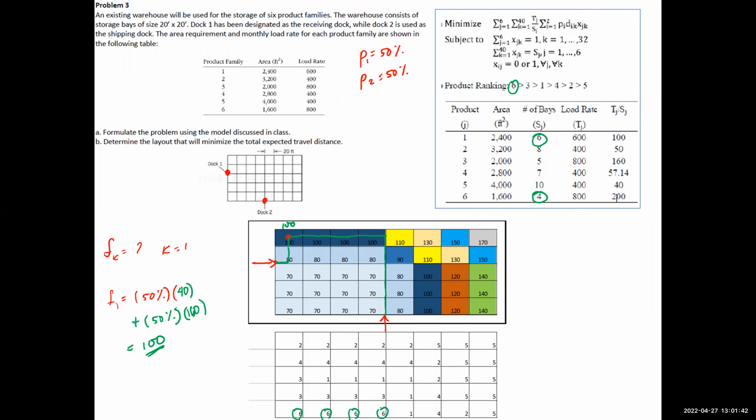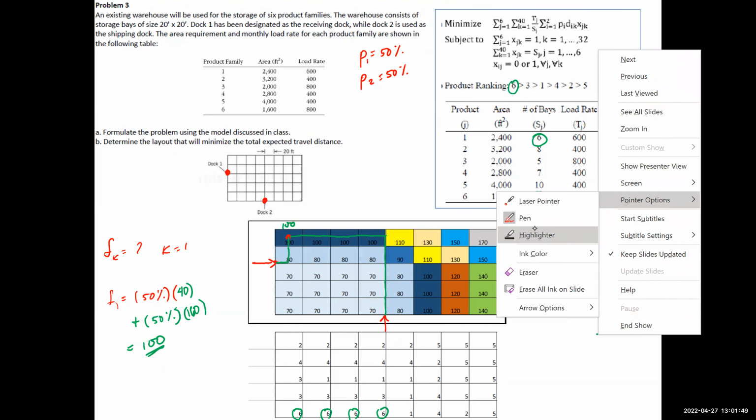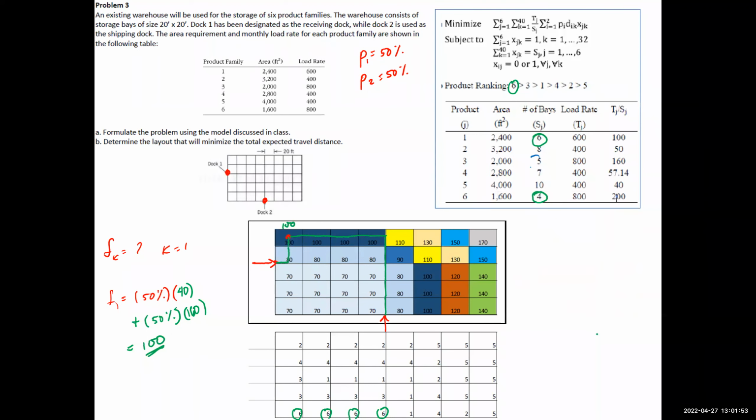So the next product is 3. So for 3, I need 5. So 1, 2, 3, 4, 5. Again, I'm still in the 70 area.